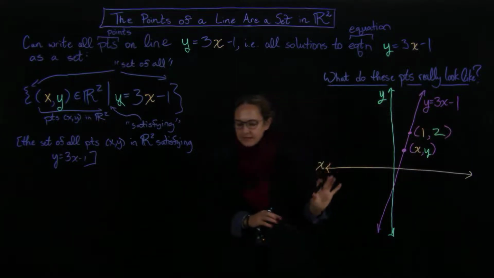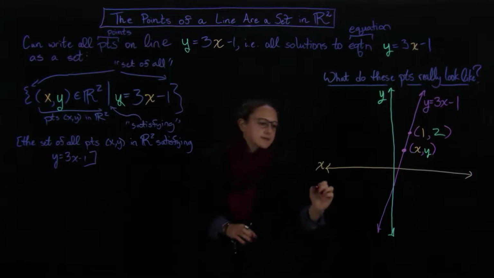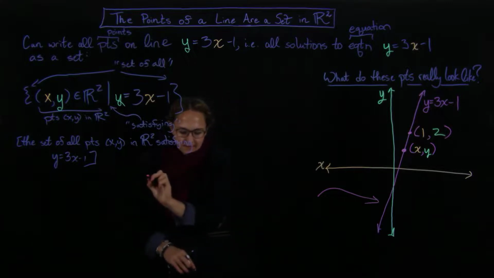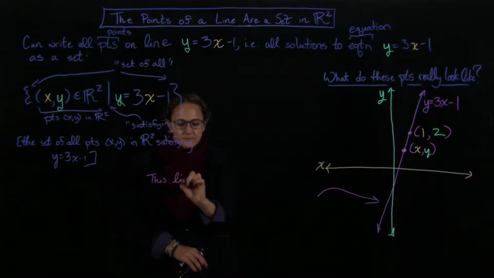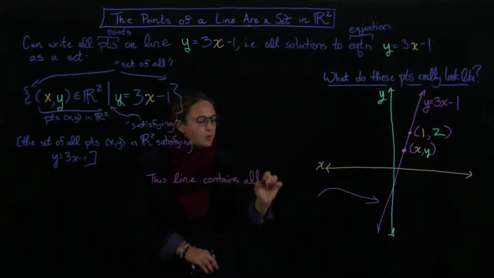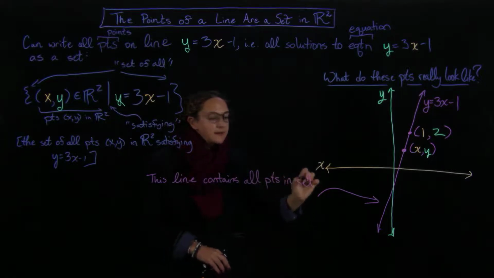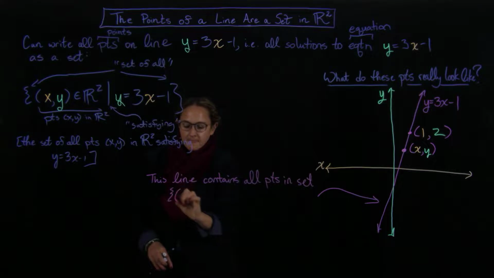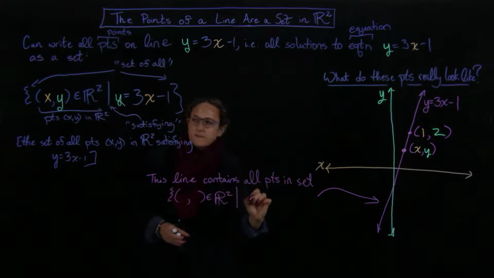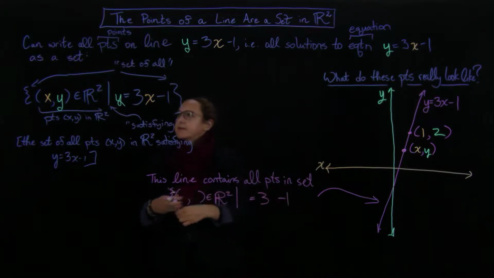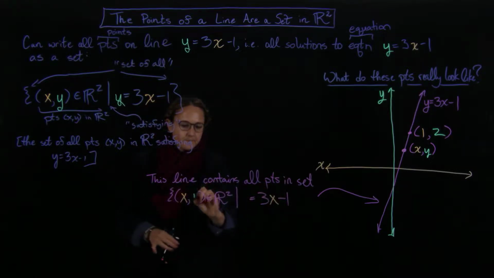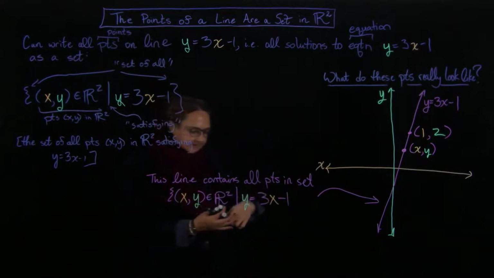Which we can check in a minute. So what is this line? This line contains all the points in the set that we were looking at before, so this set right here, in R2 satisfying, right, everything satisfying y equals 3x minus 1.